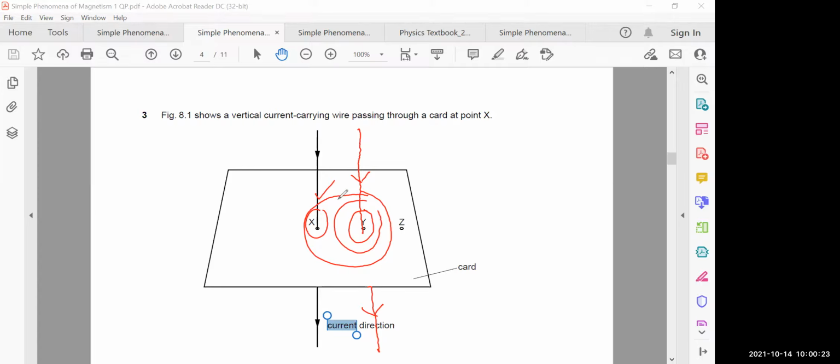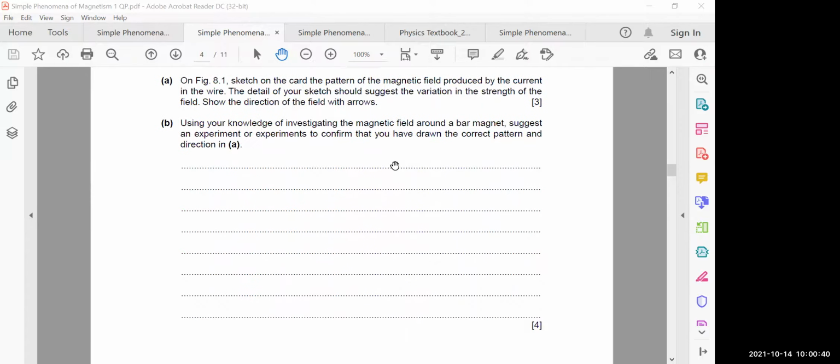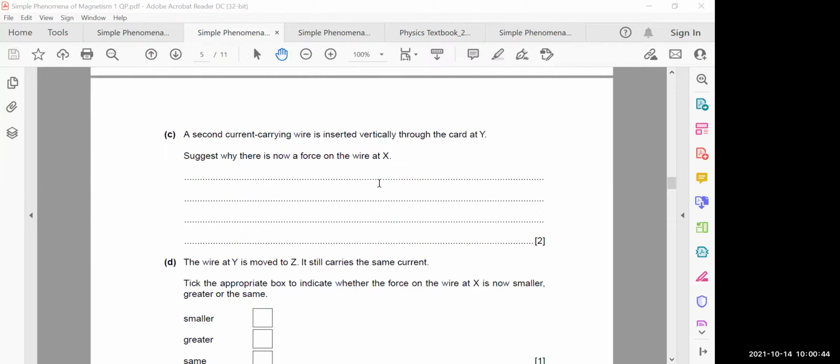In exams you have to write it. So conductor X is now in the magnetic field produced by conductor Y, and due to that, conductor X will experience a force. They have not asked here in what direction the conductor will move, so you can practice by yourself in what direction conductor X will experience a force.